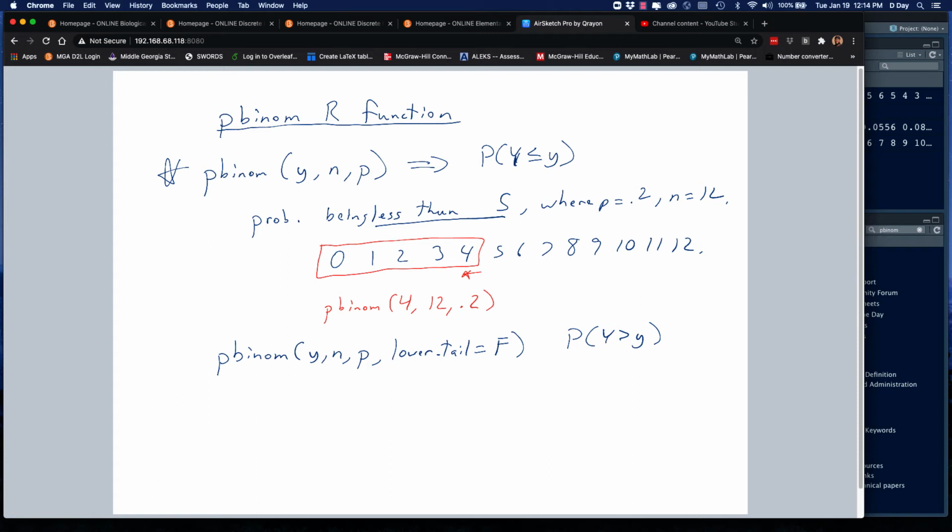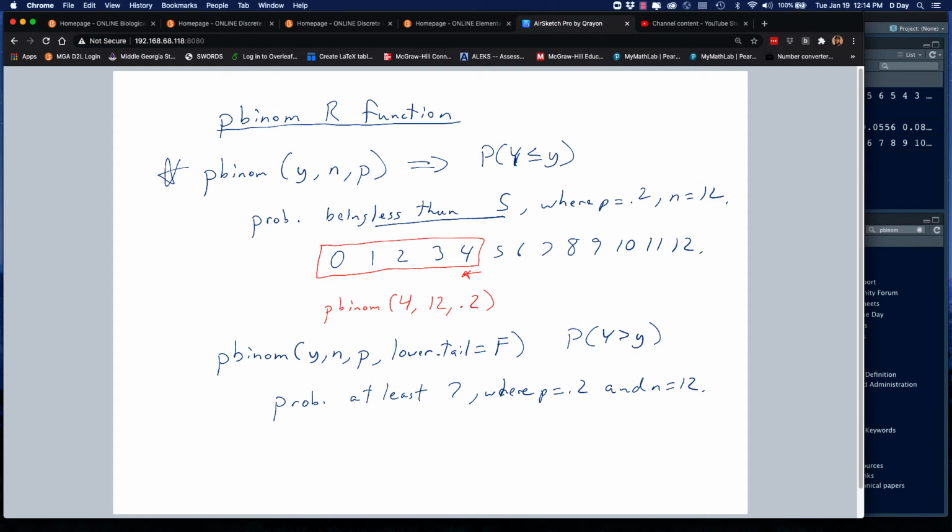So let's say I wanted to find the probability of at least 7 with the same thing, where p is equal to 0.2 and n is equal to 12.